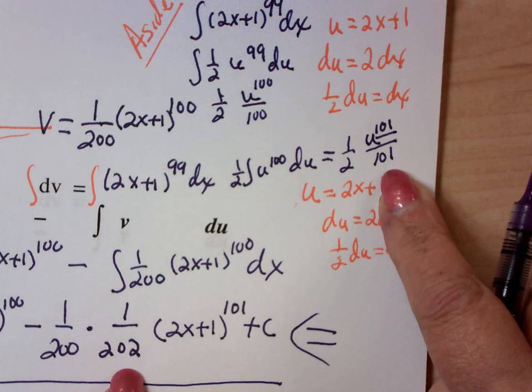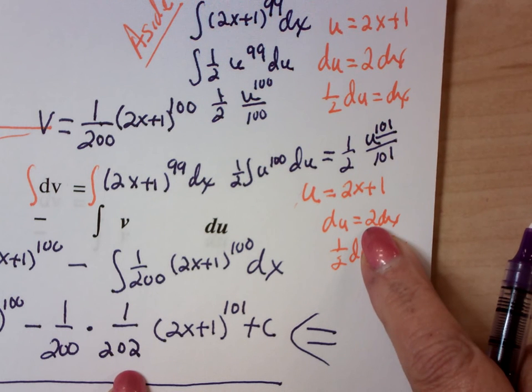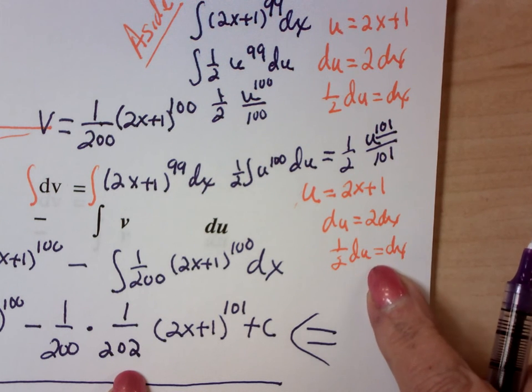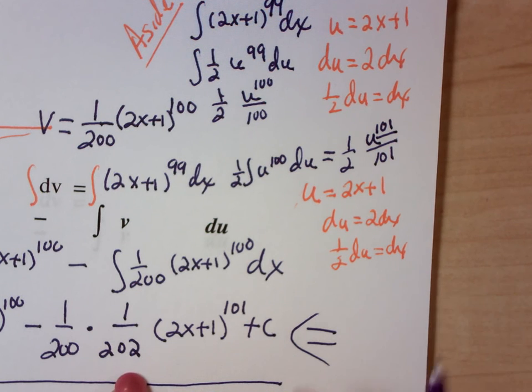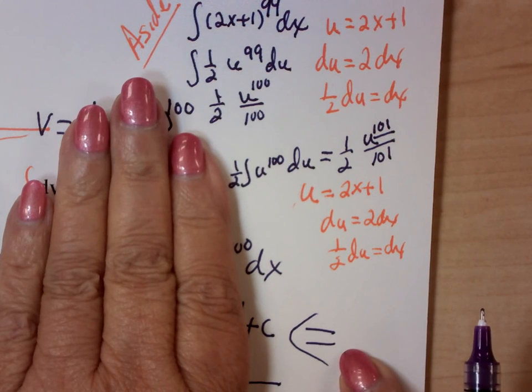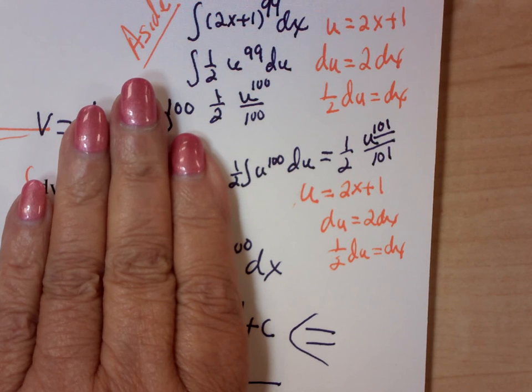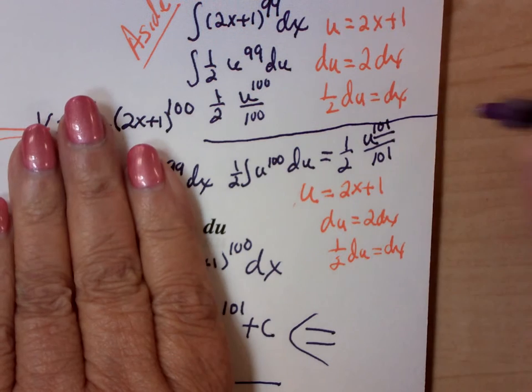The 1/2 comes from the 1/2 du equals dx, from the u substitution. Why did you have to put it back in though, if you already did it once? Because this is the second time around, and the second time around, you're still going to have a 1/2. Oh, because you have to u sub again. You have to u sub again. So this is a u sub followed by a u sub.